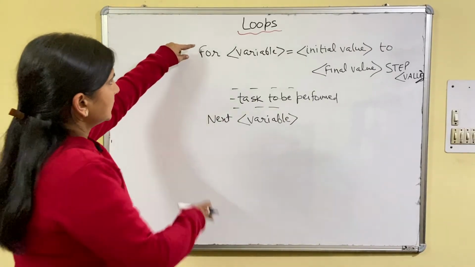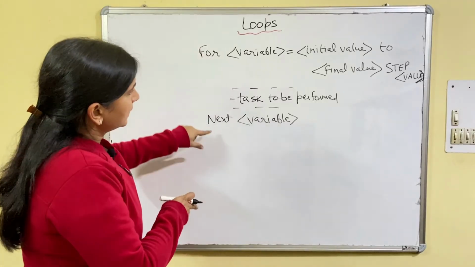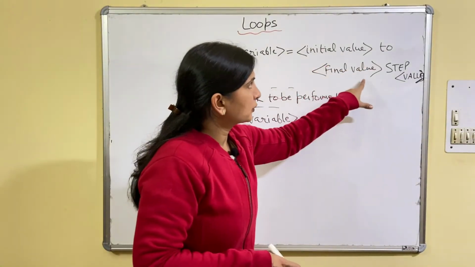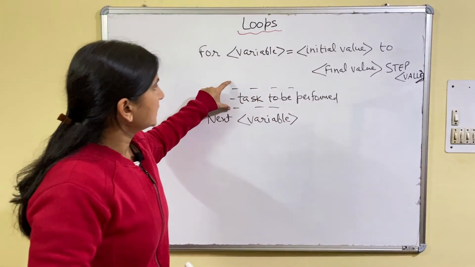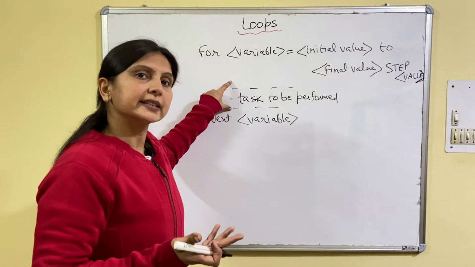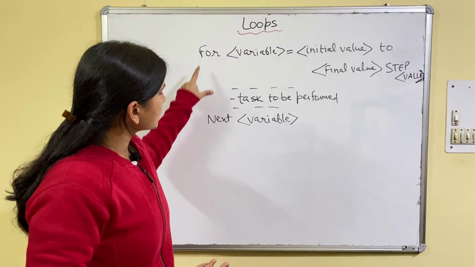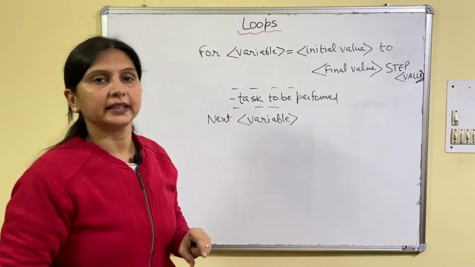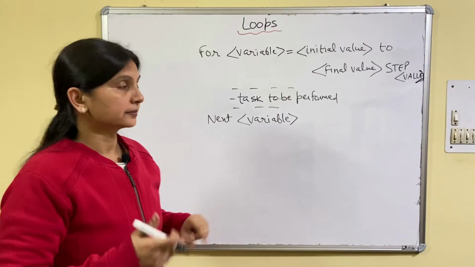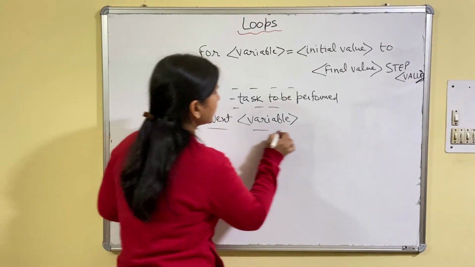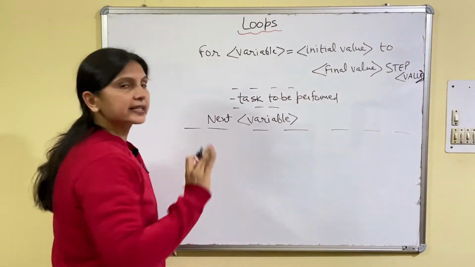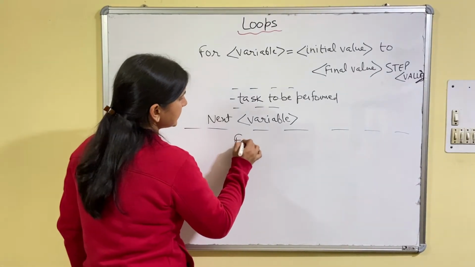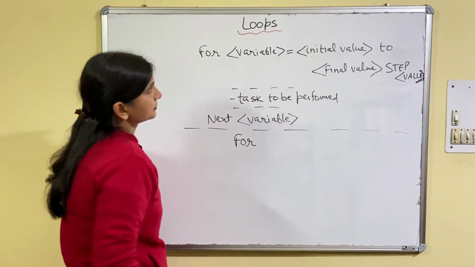Here is the for, here is the next statement. For variable equals initial value to final value, step value. These are the tasks, or set of statements, and to close the for we will use next and then the variable name. This is the syntax, and we will not write all these in the program. Let's see how we use it.